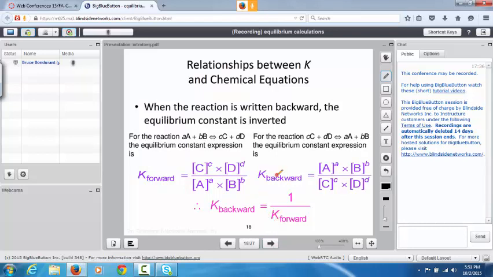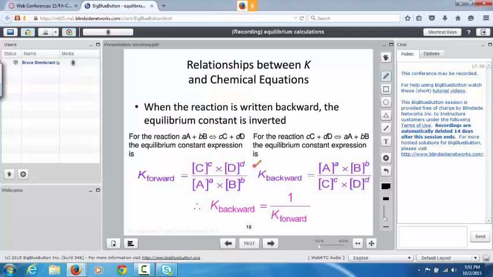So when you're thinking about K, if you consider that the reaction forward and the reaction backward are simply reverses of each other, then in the backwards reaction, the reactants that were the reactants in the forward reaction become the products, and the products in the forward reaction become the reactants when the reaction goes backwards.